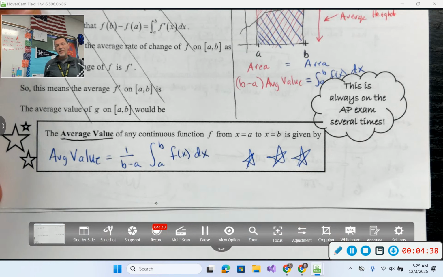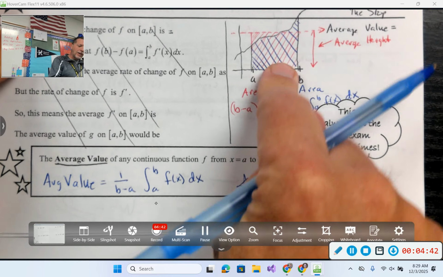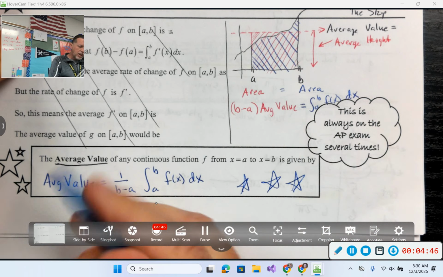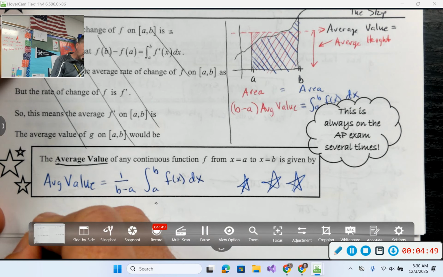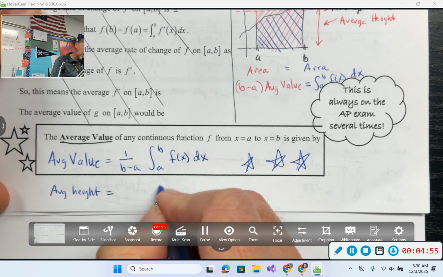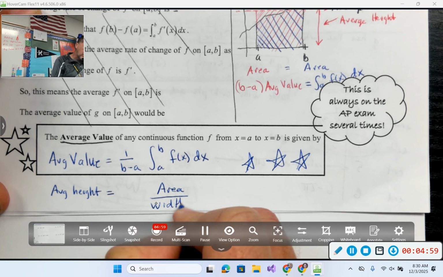So you either memorize that formula. I don't really memorize the formula. I almost always, for the first time I'm doing this every year, think back to this picture, and the average height, here's how my brain thinks about it. The average height is the area divided by the width.